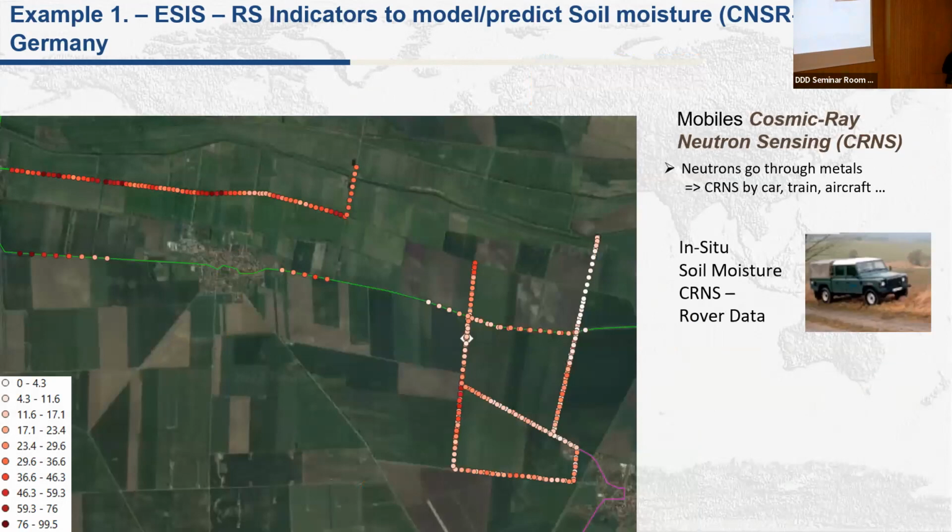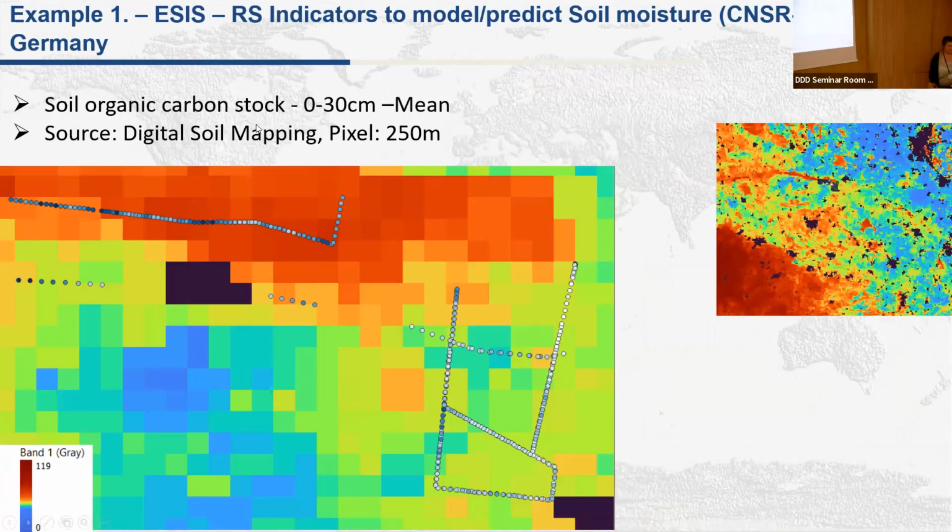Here you see the distribution of soil moisture based on these measurements, and we started to quantify different indicators, here soil organic carbon stock, an indicator from digital soil mapping. It's not from ACES, but it's important for predicting soil moisture. That's why we use that.